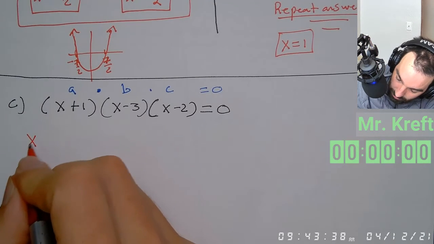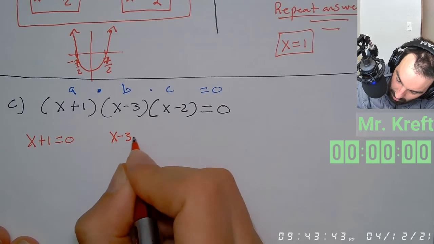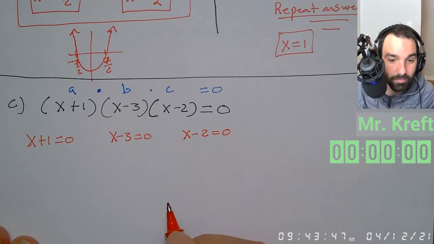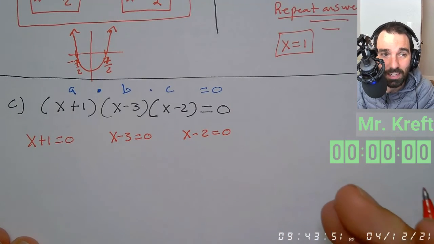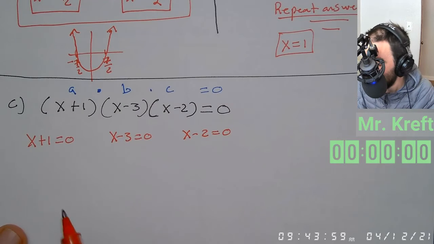So we're going to have x plus 1 equals 0, x minus 3 equals 0, and x minus 2 equals 0. We're going to solve all 3 of these. So at the beginning, if you guessed, hey, there's 3 terms, there's going to be 3 answers, then you're correct.